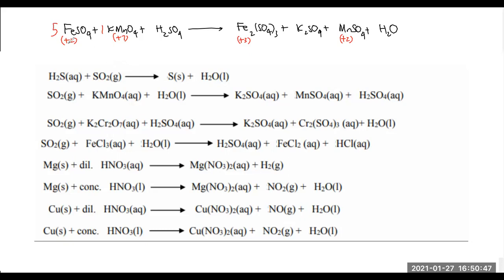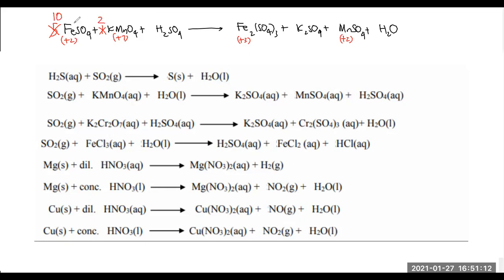But the problem is, here we have 5 iron, here we have 2 iron. On the right side, it's definitely going to be an even number. So you can't balance an even number with an odd number here. Therefore, this 5 and 2 must be changed to 10 and 2. That's the only way you can balance iron. Hope you all understood that, because we are getting 5 is to 1 like we usually get.